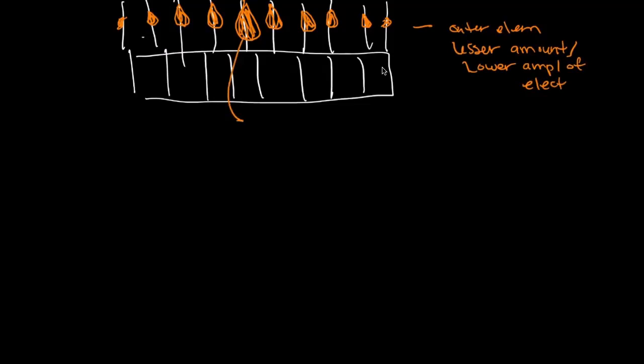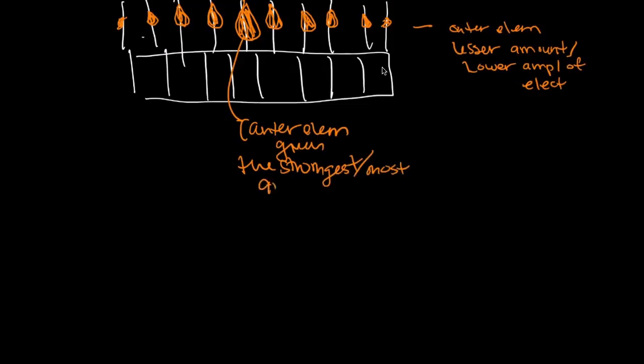The center elements, right? The center element, that's a center. I know it looks like enter. Center elements are given the strongest, or most, amplitude of electricity. And in this process all of the PZTs are still all given electricity.